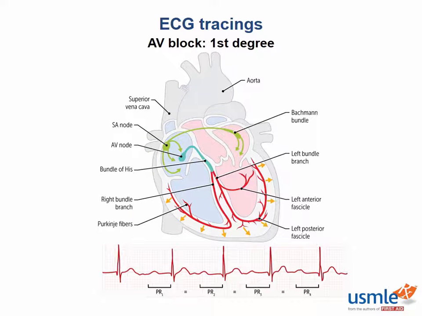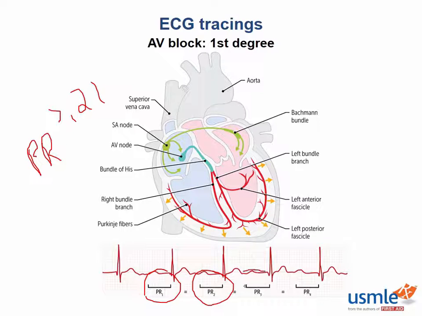A first degree AV block is seen when there is a temporary slowdown of conduction through the AV node. It is defined by a PR interval greater than 0.21. That is it. All the PR intervals are generally the same length.